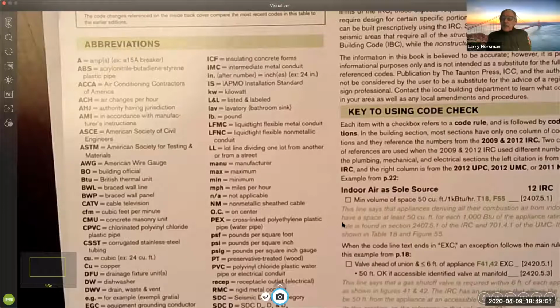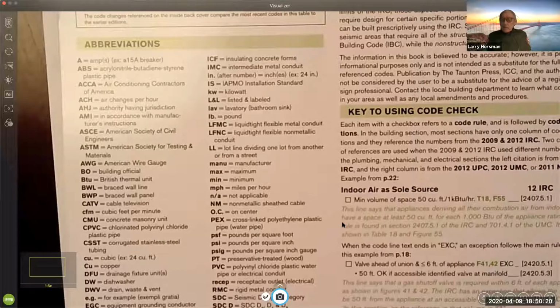So AHJ they have in there. When we get into the mechanical code, we may be talking about some of these other ones. CU stands for copper. DFUs, those are drainage fixture units. So when we're sizing plumbing, we will go through a couple of short exercises in the not too distant future on how to do some sizing. But you can look at all of that.